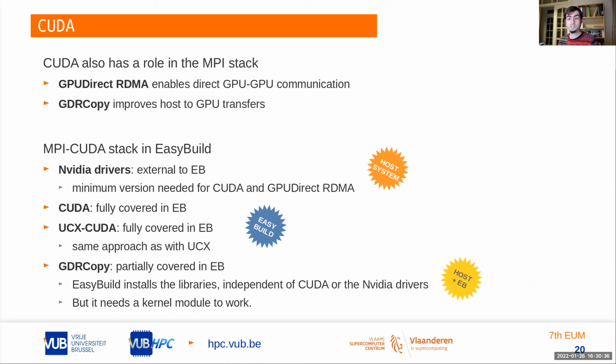As well as the MPI support for CUDA, which is provided through the UCX-CUDA package, which enables the CUDA transport in UCX. All of that is fully handled by EasyBuild and should work out of the box. There's nothing to worry about except checking the versions with NVIDIA drivers and that kind of stuff.